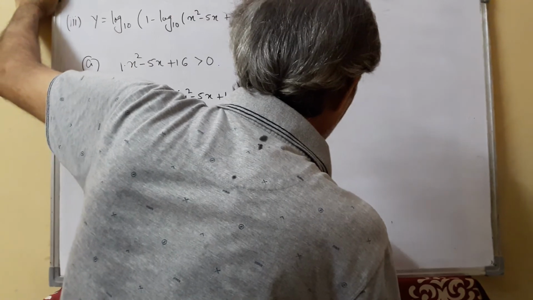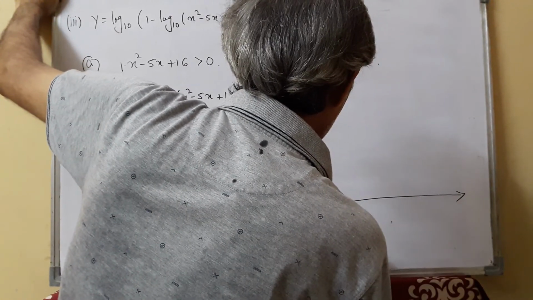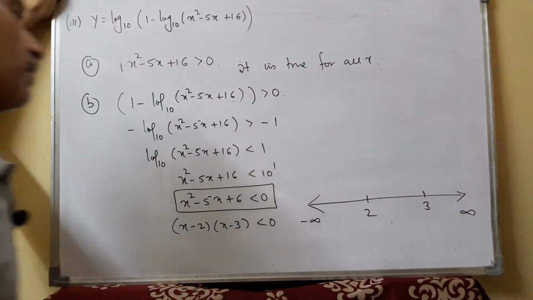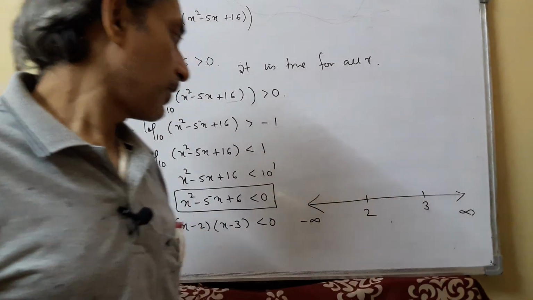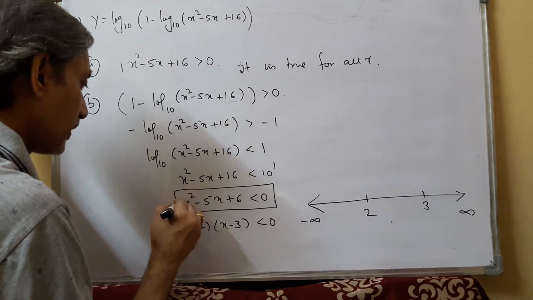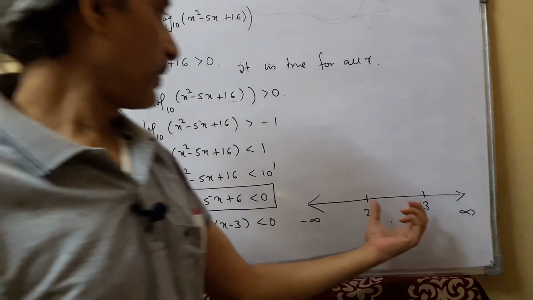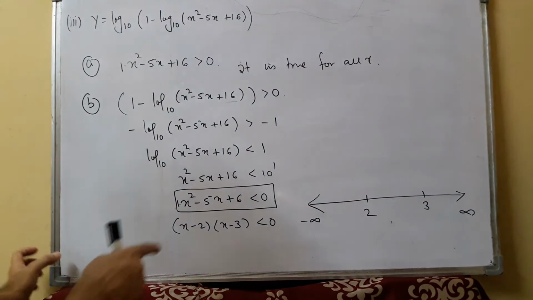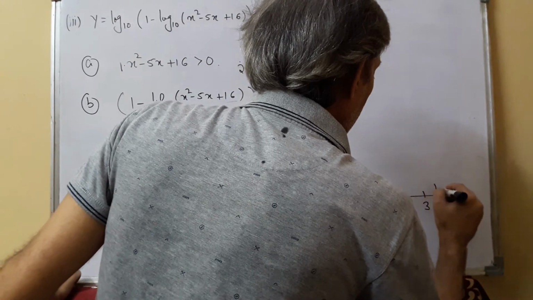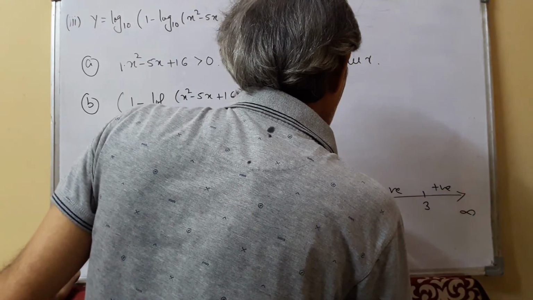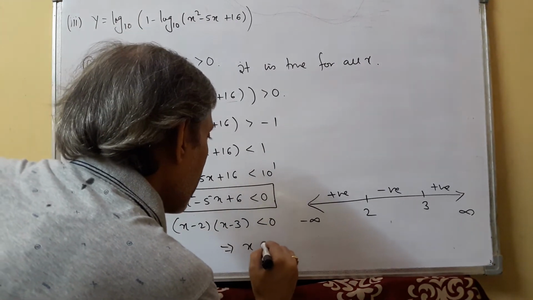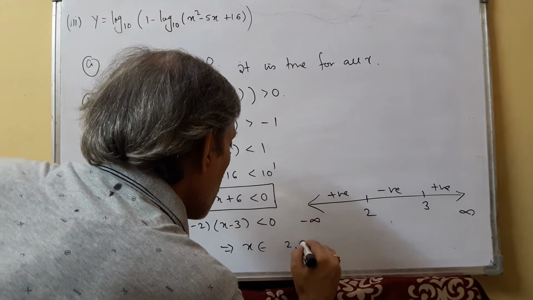Now just by using sign scheme, plot it on a number line, and in between these two values, since roots are real and unequal, it will be opposite sign to that of A. Since A is positive, here this will be negative, and in these two intervals it will be positive.